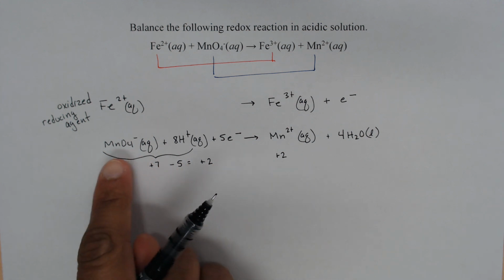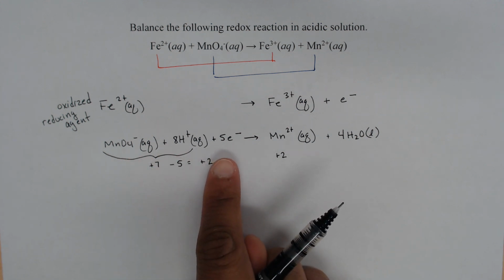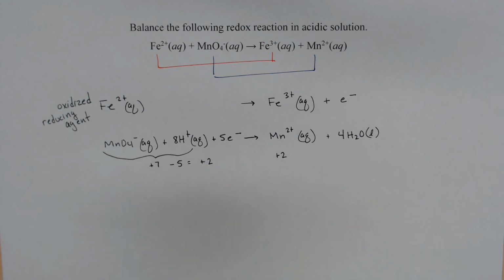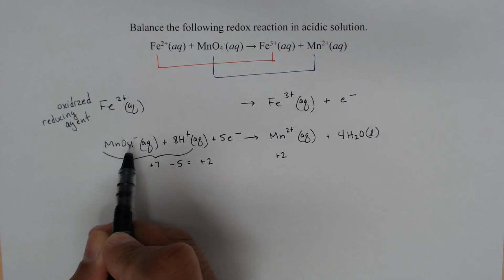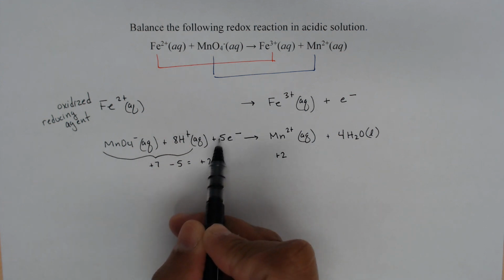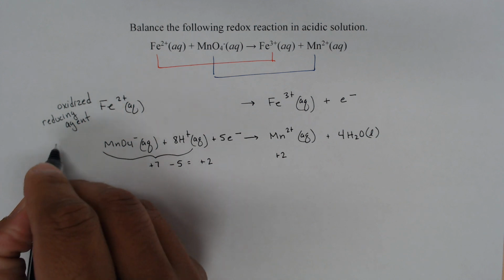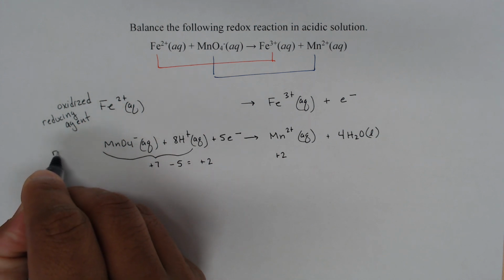For the second half reaction, you can think of electrons on the reactant side as electrons going into a species. So right here, the permanganate is gaining the 5 electrons, and so that means that this species is reduced.